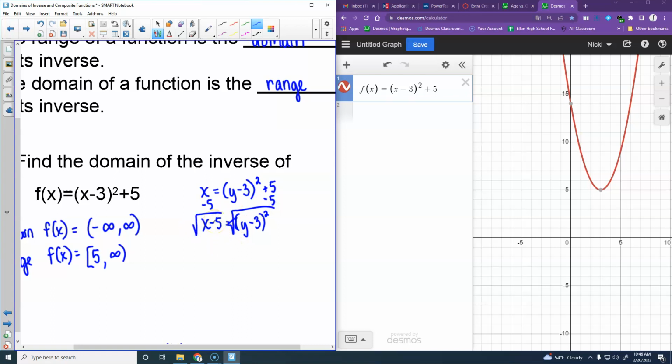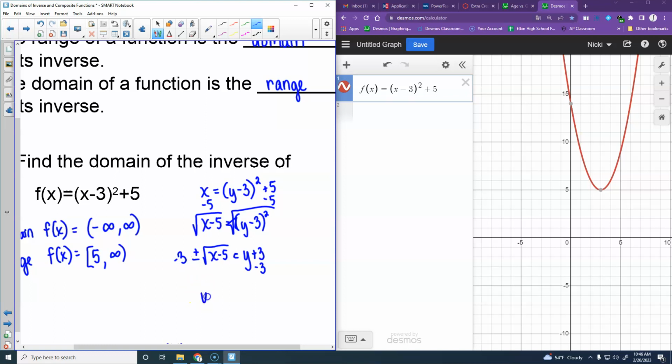When I do a square root, I am supposed to put a plus or minus in front of it. And then I would add that 3 over here.